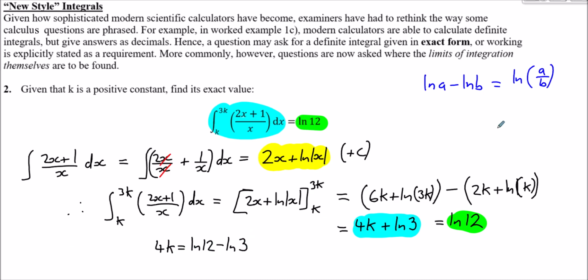By the same laws of logs, that's the same as ln of 12 divided by 3. 12 divided by 3, of course, is 4, so ln 4. So 4 lots of k is going to be ln 4. Therefore, dividing both sides by 4, I can see that k must be, in exact value, a quarter ln 4.